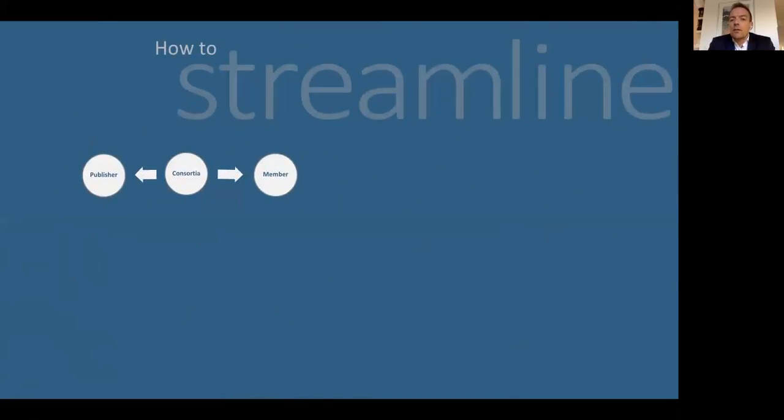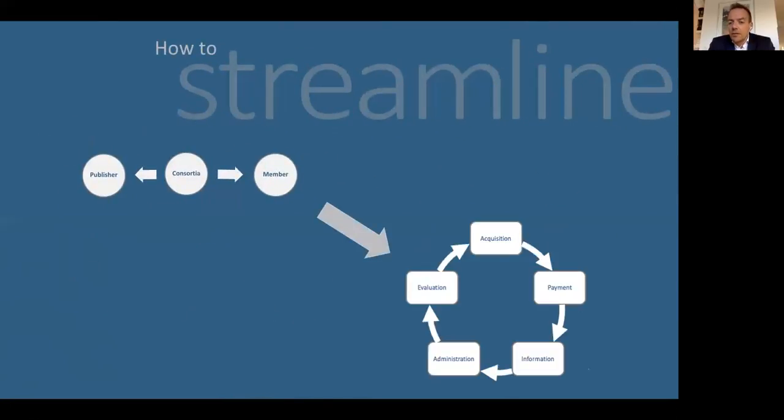Now, when we're talking about streamlining, we're talking about the acquisition cycle. The acquisition cycle, acquiring something, paying for it, adding information that's relevant to the acquisitions process, administrating the deal over time. Could be IP address changes to publishers, or any other kind of administration.